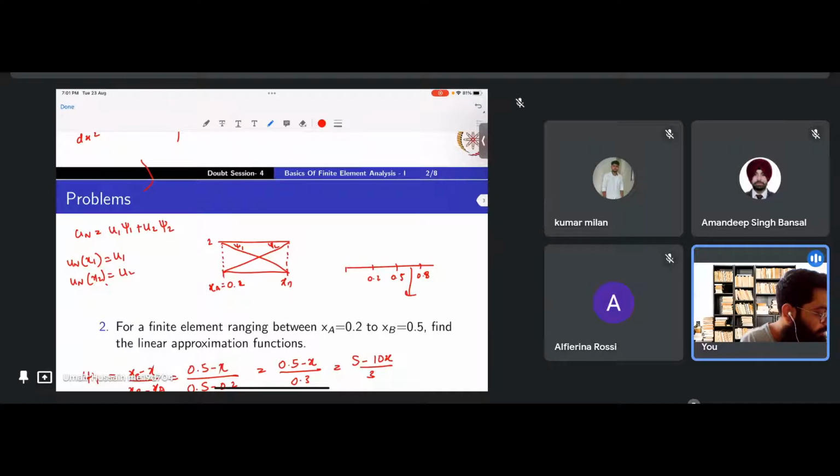So at the first node our value should be equal to the exact value u1. This is the way we choose the shape function and derive it. Every time, be it any problem, any case, you're going to use the same shape function if it's for the case of linear 1D elements.